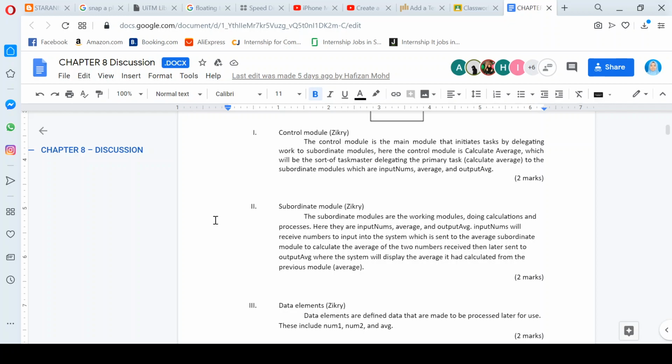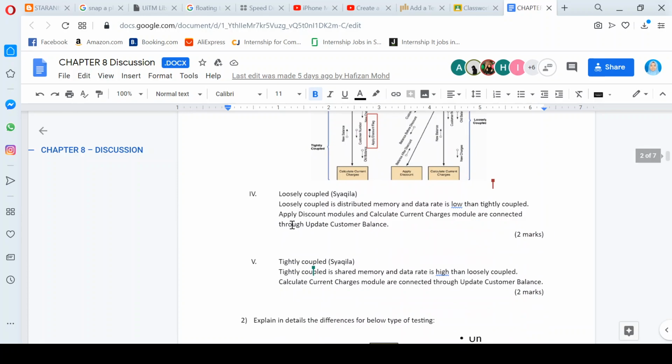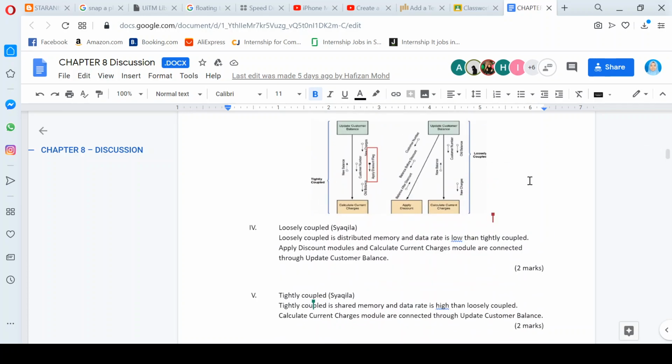Okay. Alright, and then still under structure charts, we have two types of method that we can use to draw the structure charts. The first one is loosely coupled and the second one is tightly coupled. So what is the difference between loosely coupled and tightly coupled?